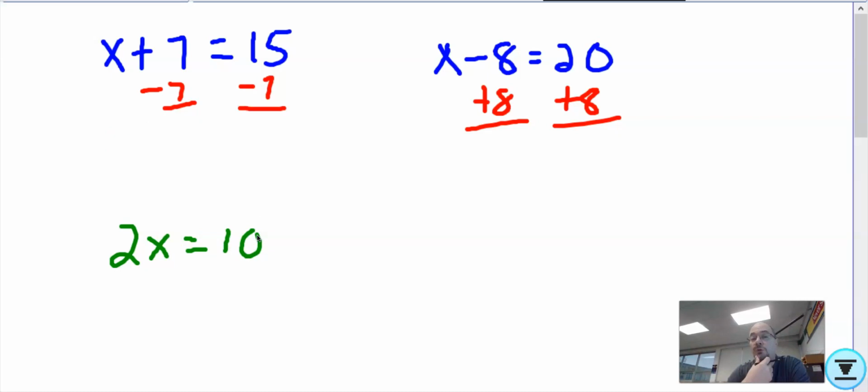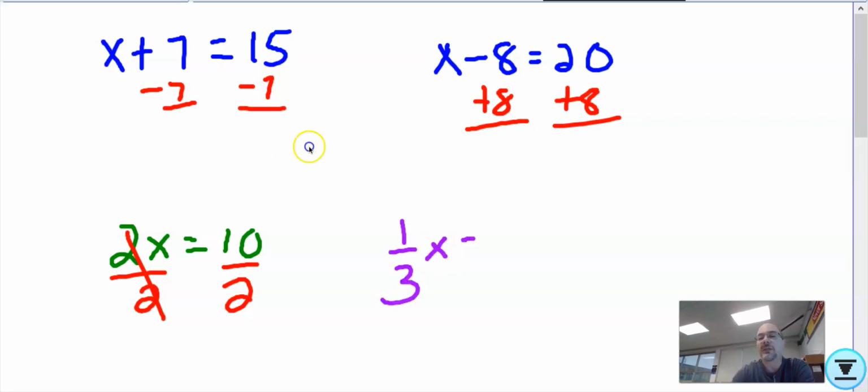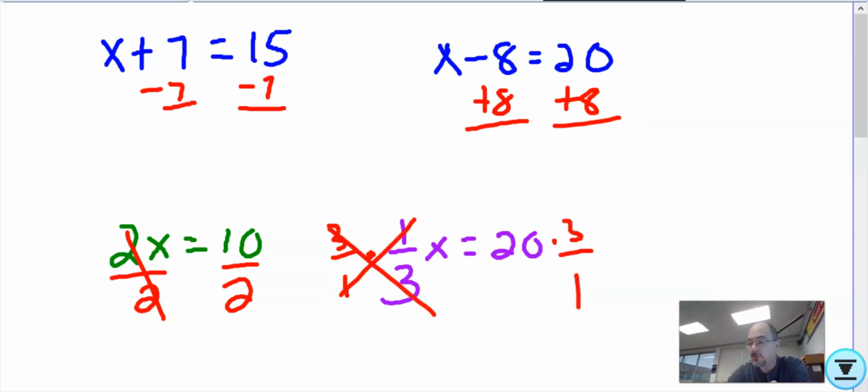What would you do to get x by itself? Well, you would divide by 2, right, to get x by itself. Or let's do one more. Let's say that we had 1/3 x equals 20. Here we would multiply by the reciprocal to find out what x equals.